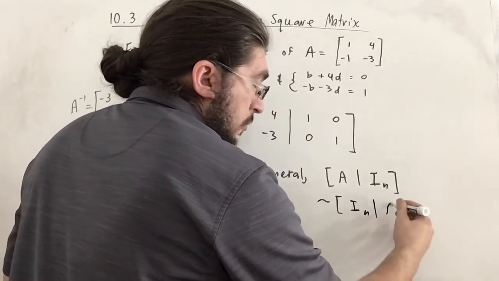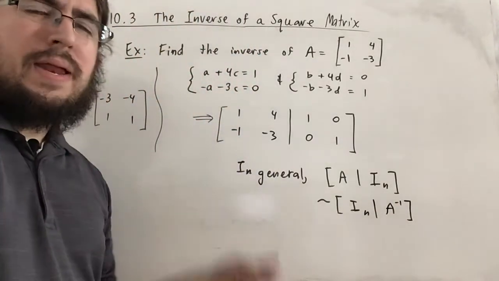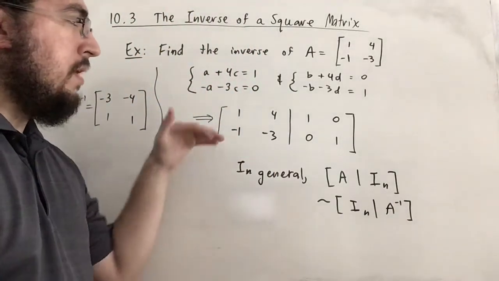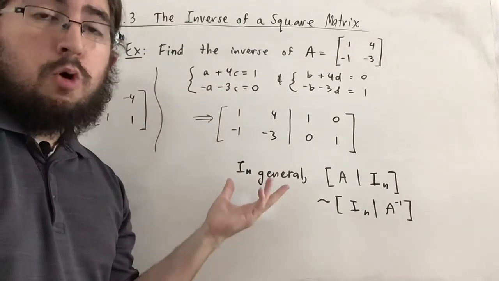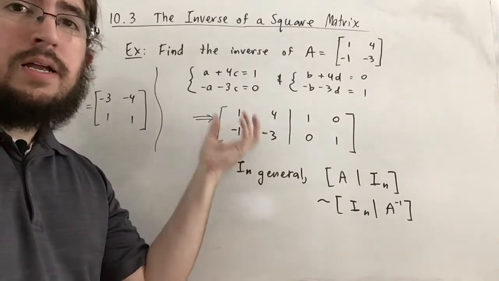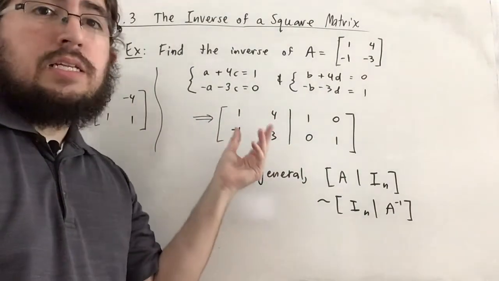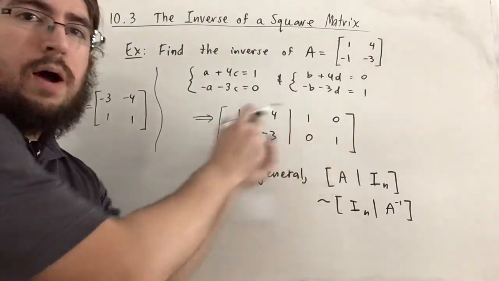And what we'll have on the right as a result will end up being the inverse. I'm not actually showing the details here, but notice that if you were to solve these systems of equations by row operations, that's kind of what happens. You make the left-hand side into the identity. But since the right-hand side is the identity already, we're kind of swapping these.